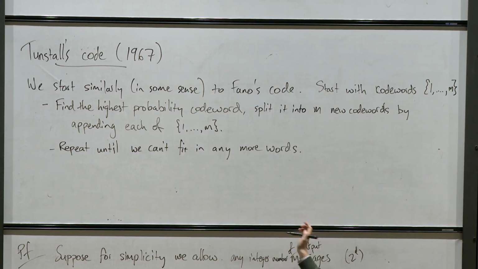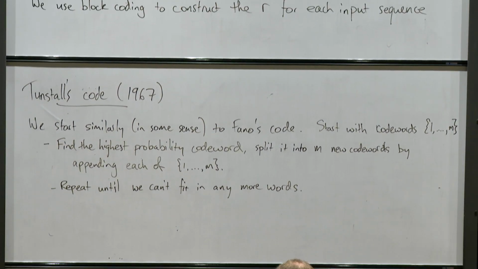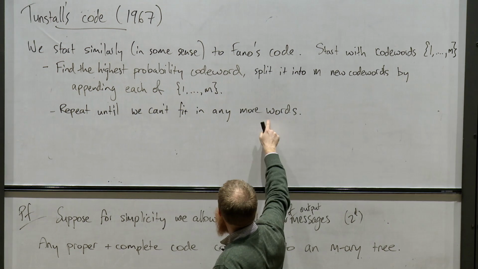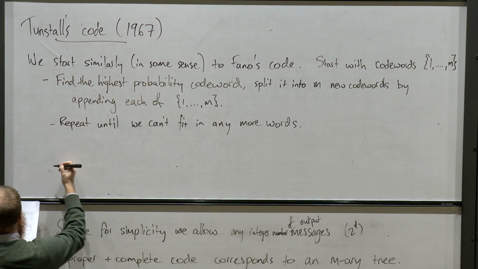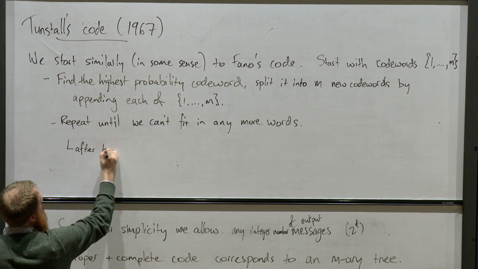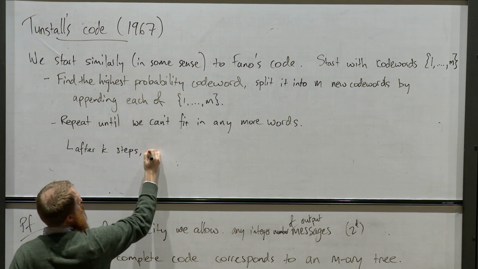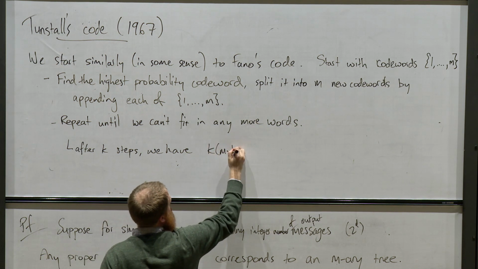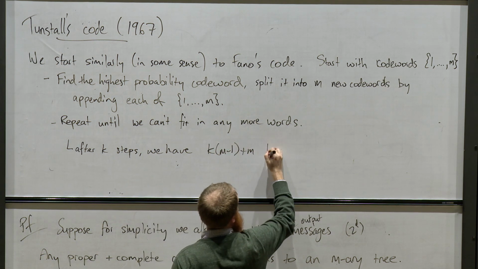Well, every time we split, we can go back just a moment, we can notice that we keep repeating. So after k steps, we have k(m minus 1) plus m leaves.